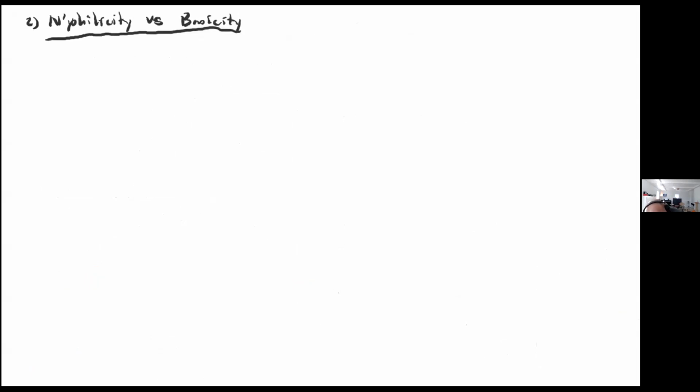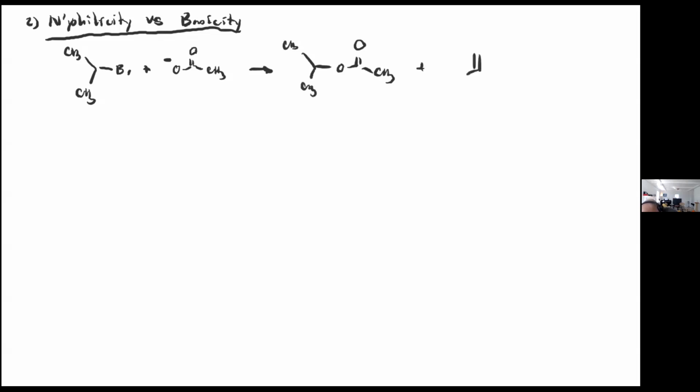So if I take isopropyl bromide and treat that with acetate, we saw this on the last slide, you get exclusively substitution, and none of the elimination product.